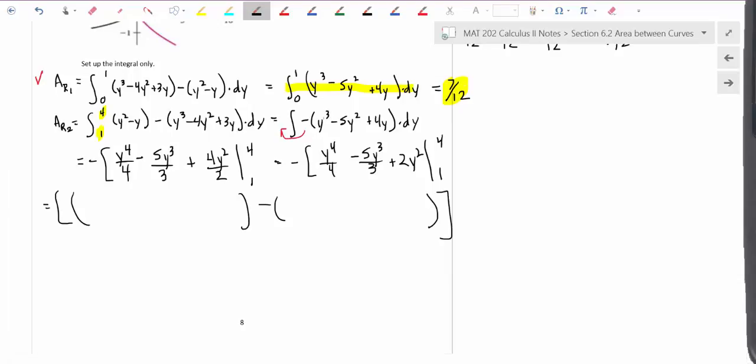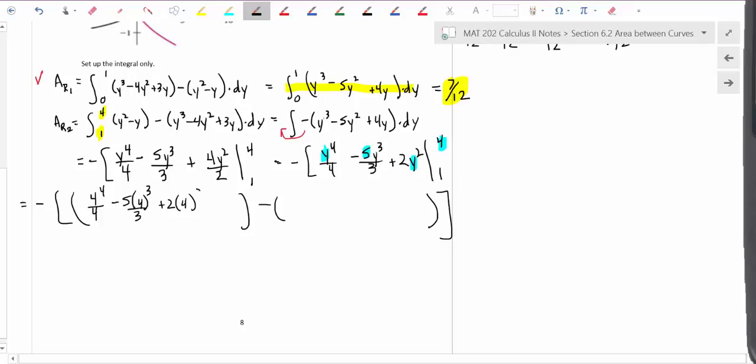Okay, so let's start by plugging in the upper limit of 4. So we've got a minus here, and you've got to be careful about that minus. Then we're going to have 4 to the fourth over 4, minus 5 times 4 to the third over 3, plus 2 times 4 to the second.